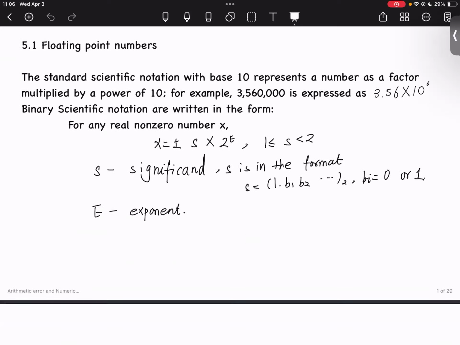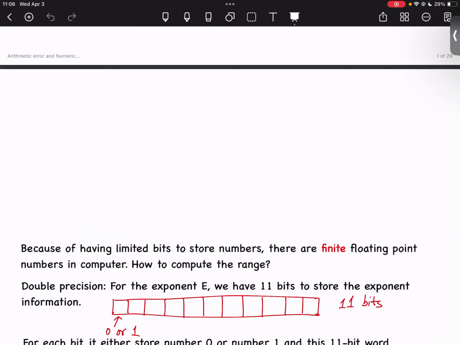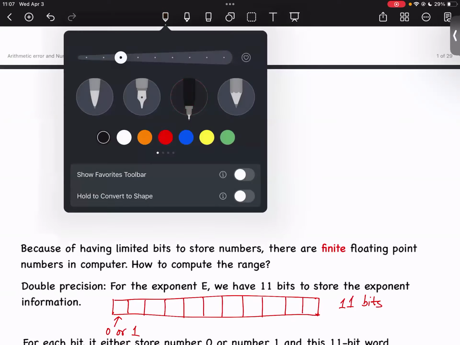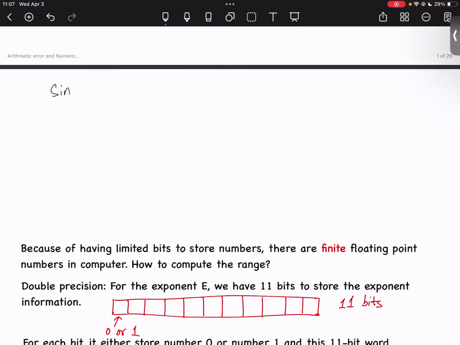Usually computers have two precisions. We store numbers in bits, and a bit stores 0 or 1 in the computer.